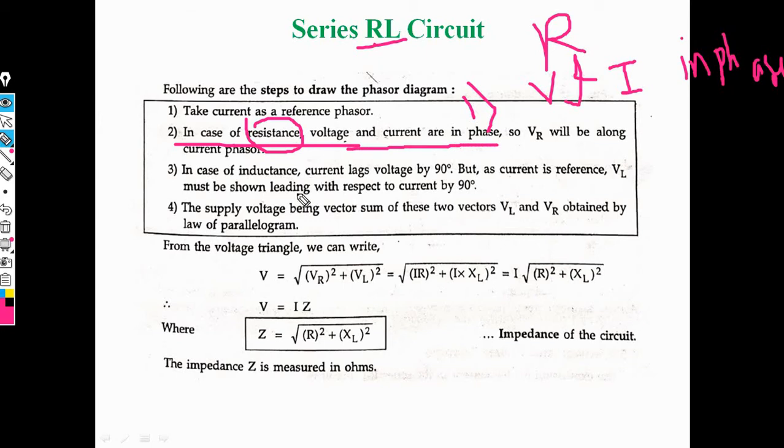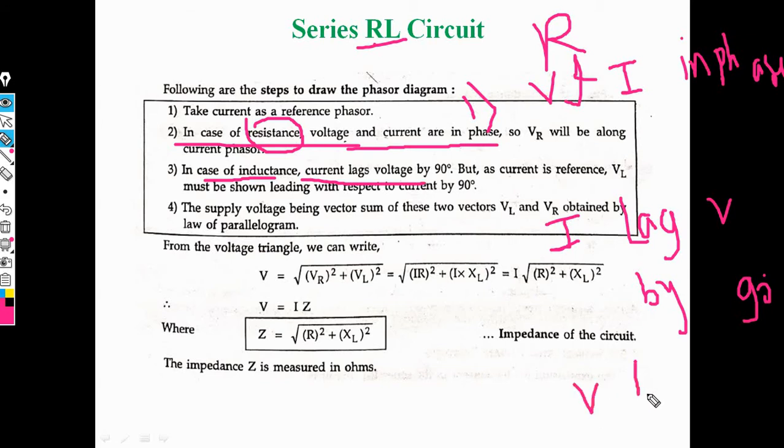But in inductance, the current I lags the voltage by 90 degrees, that is, the voltage leads the current by 90 degrees.